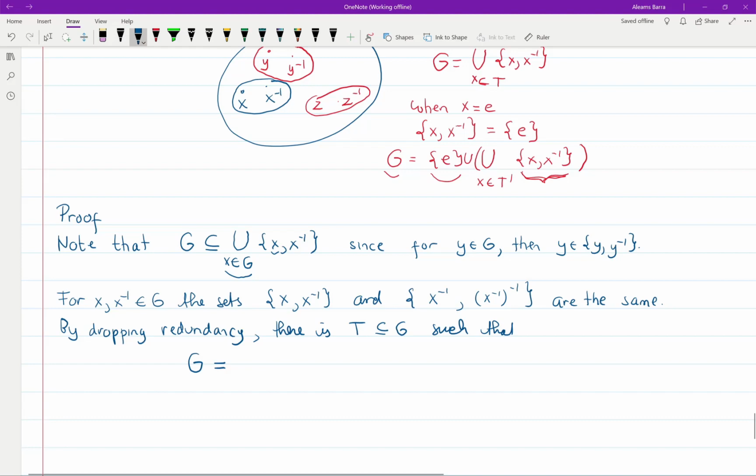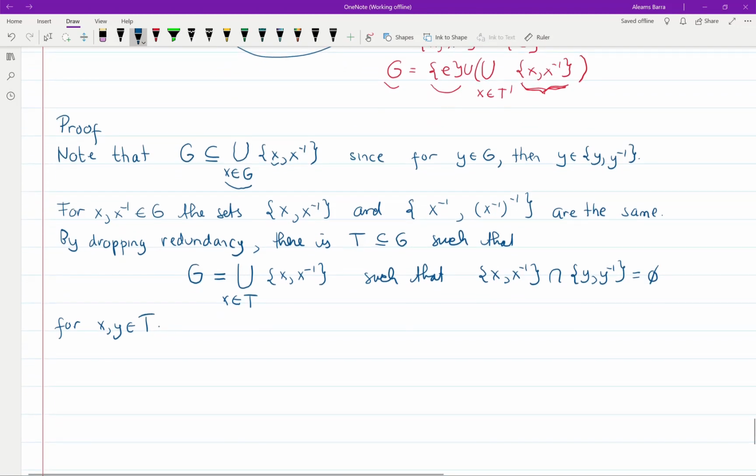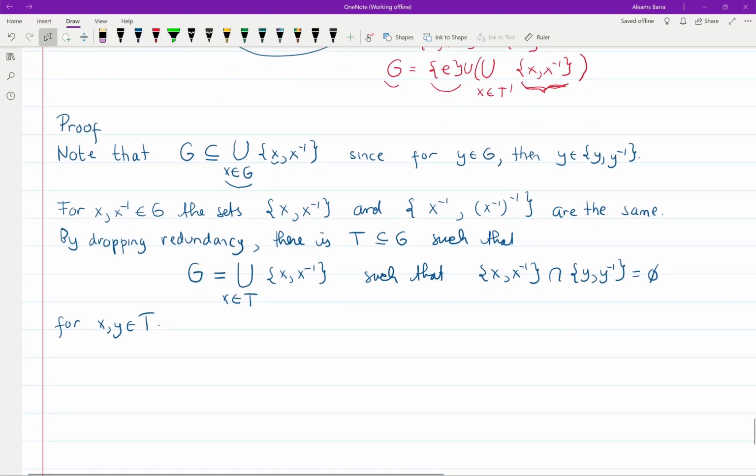By dropping some of the same sets, we can make the union still equal to G, but we don't need to take all X from G. We just need to take X from a certain T such that the intersection of {X, X inverse} and {Y, Y inverse} is the empty set for distinct X, Y in T. So we can have that kind of T, right? Do you agree with that?